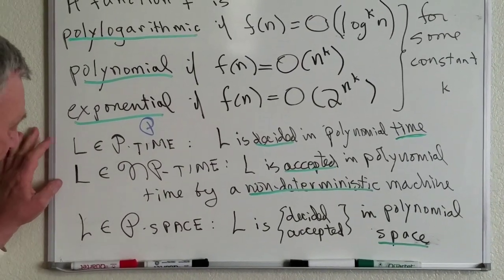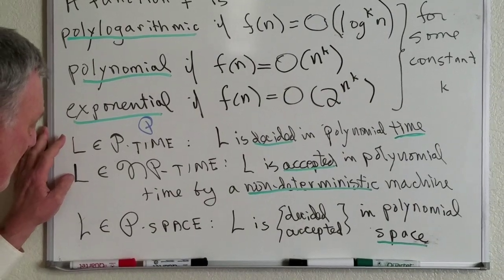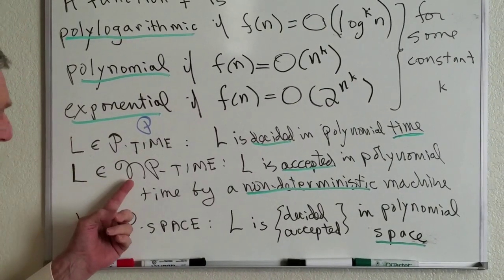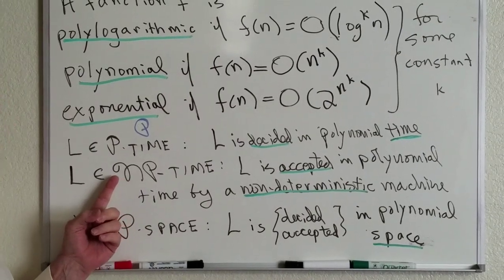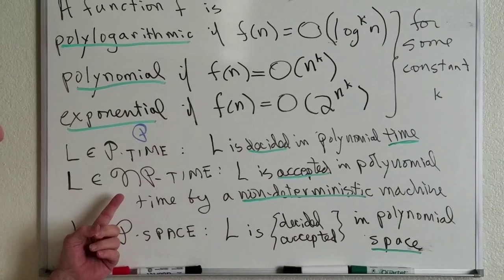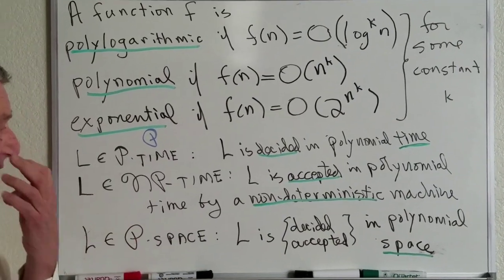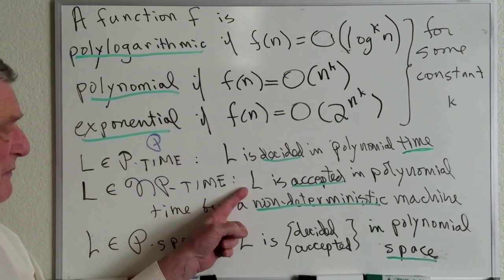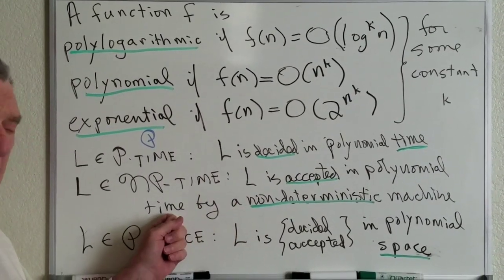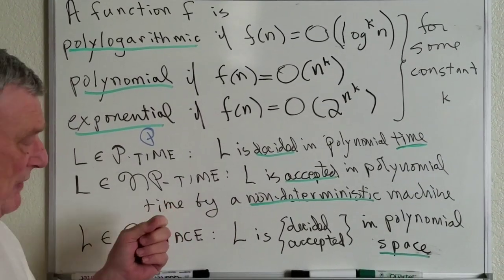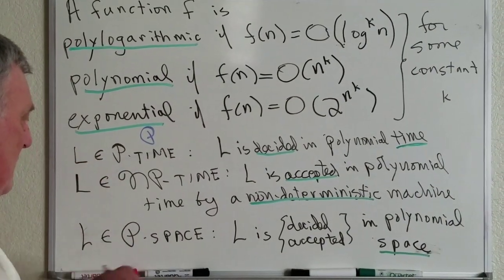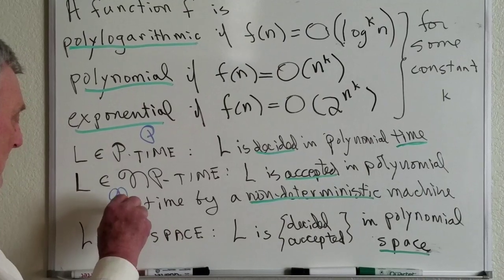All right, and the next class we're going to talk about is NP time. Now, this stands for non-deterministic polynomial time. And we'll say that a language is in that class if it is accepted by a non-deterministic machine in polynomial time. Now, one question is, are these two classes different? This is usually abbreviated NP.